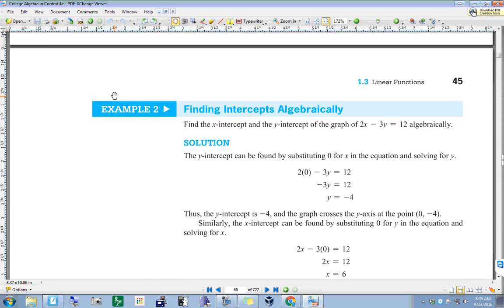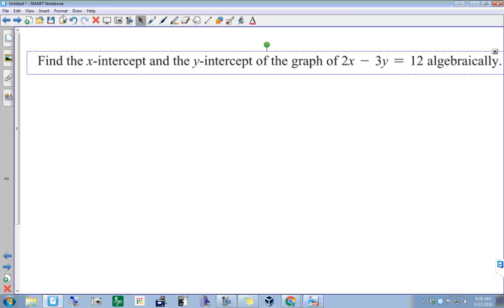Depending upon what you've got for an equation kind of dictates what you can do. Actually finding intercepts in this situation is a lot easier than if it's in y is equal to mx plus b form.